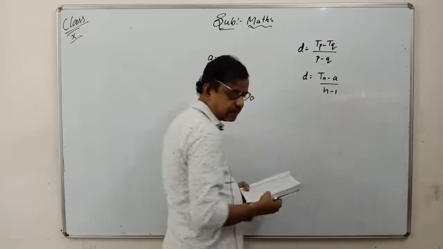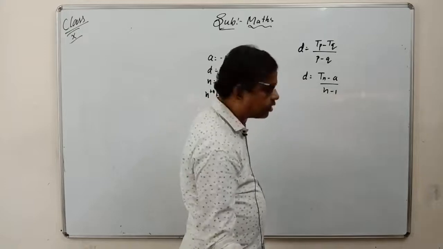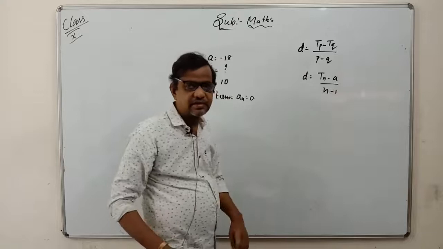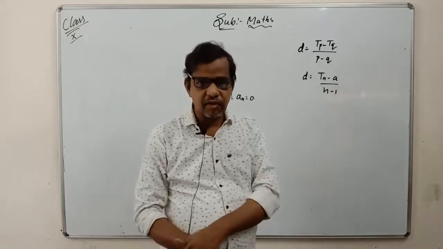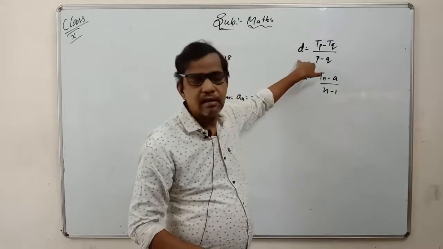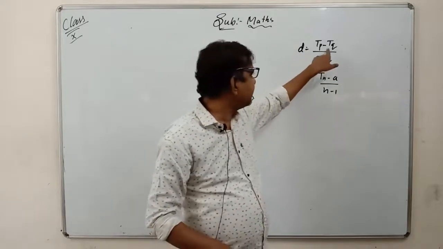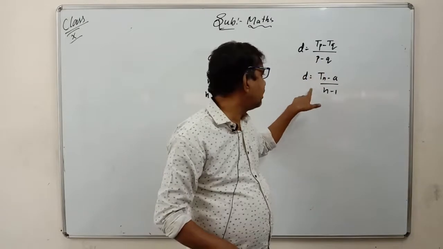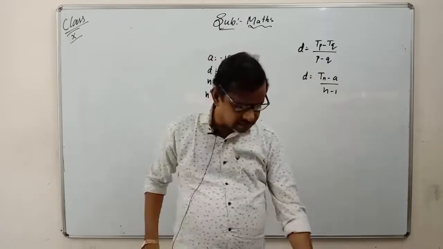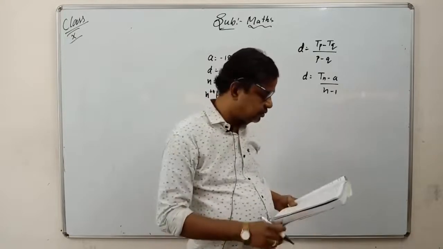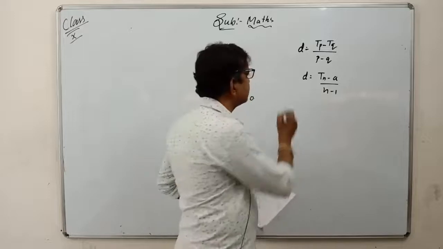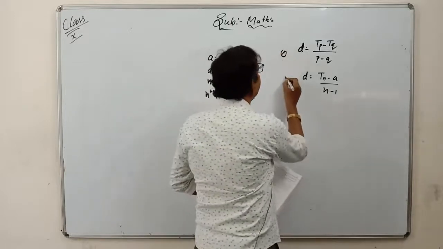You copy this one. If you want to find what d is in a sequence, then you have to go with d equals Tp minus Tq by P minus Q, or d equals Tn minus A by n minus 1. Remember these things, and practice them.